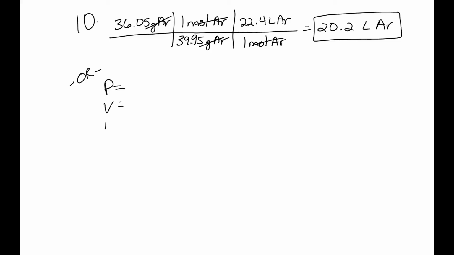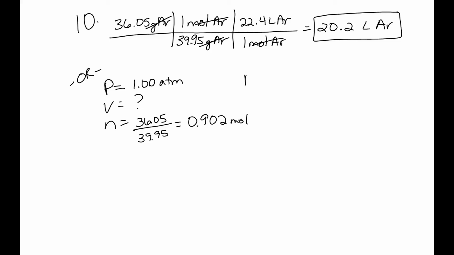Okay, standard pressure is 1.00 atm, and N is 36.05 divided by 39.95, which is 0.902 moles. Okay, our R value is 0.0821, and our temperature is 273 Kelvin.